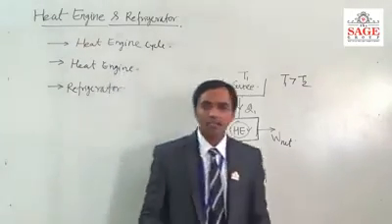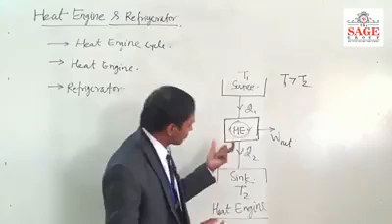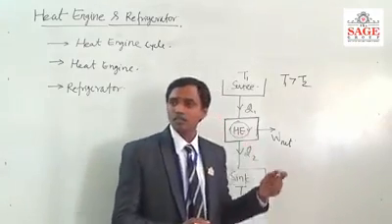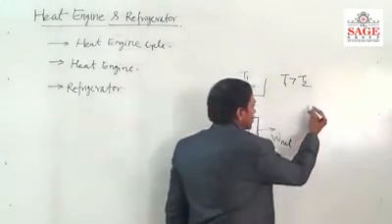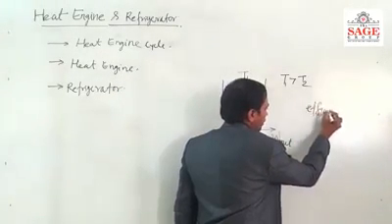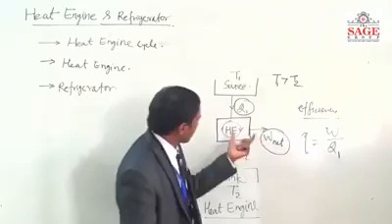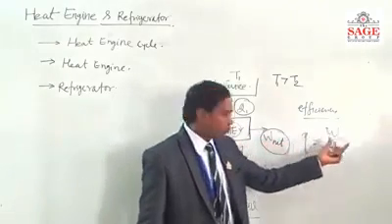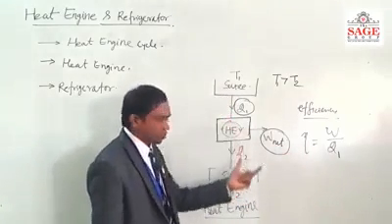Now the question is how good this particular heat engine is. We can measure the goodness of this heat engine by the efficiency. Efficiency is nothing but the output to the input. So what will be the output in this particular heat engine?